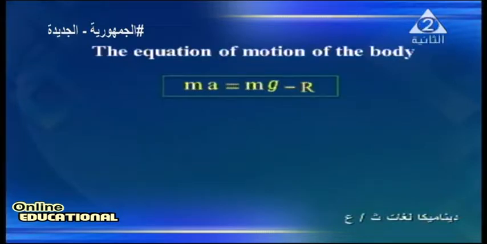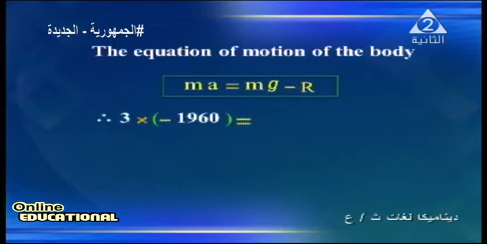And the resistance of the sand to the body, which is r, acts in the opposite direction of motion of the body. The body moves downward, then the resistance acts upwards. Then ma equals mg minus r is the equation of motion of the body during its motion within the sand.